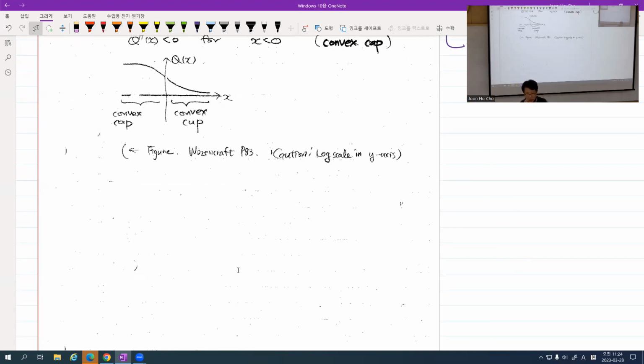So I used the Q of 1 over square root of x. Also, in my problem, x was positive, but it was not that small.